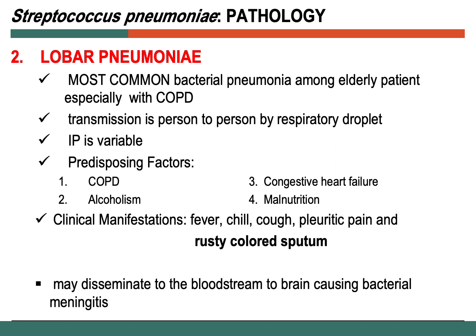The incubation period is often variable, and lobar pneumonia is common when the patient has COPD, congestive heart failure, malnutrition, or is addicted to alcohol. These predisposing factors often destroy the immune system. Smoking also is one of the predisposing factors of lobar pneumonia.